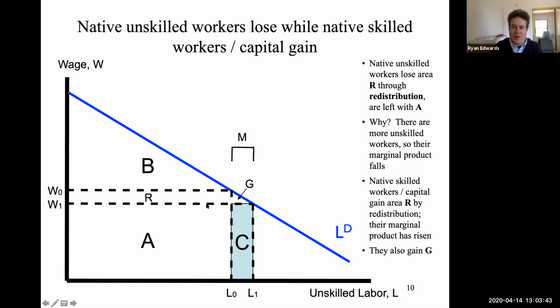With immigration, then, native capital and skilled workers gain. And that's part of the reason why they might be politically in favor of immigration of unskilled labor. Now, if we were to turn back the clock here and do this all over again, but instead of having unskilled labor increased by immigration, suppose it was skilled labor, well, then the story would be completely upended.